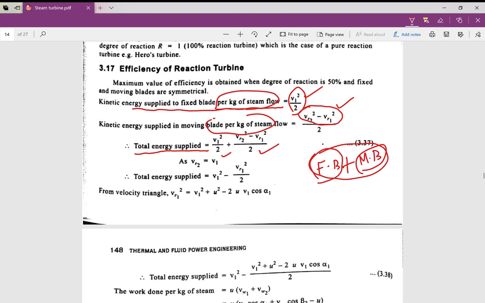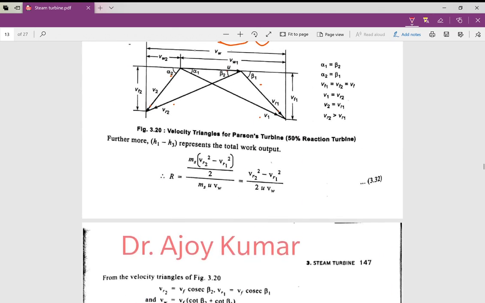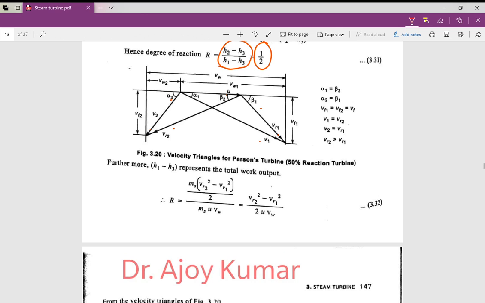Right, now already we have seen in velocity triangle of reaction turbine that Vr2 is equal to V1, and V2 is equal to Vr1. As I told you, must remember all these parameters.